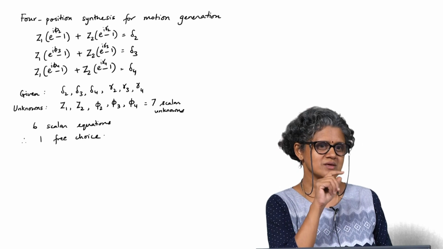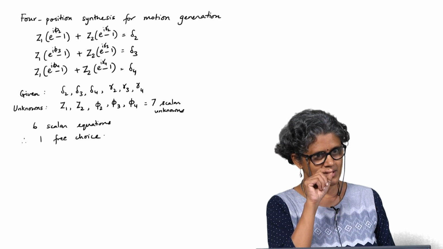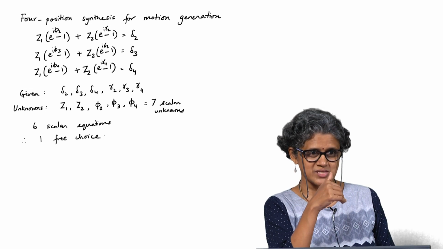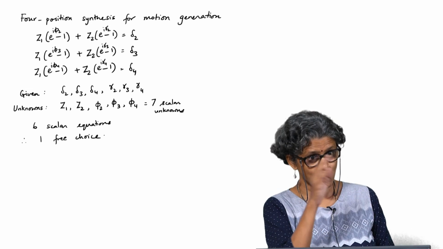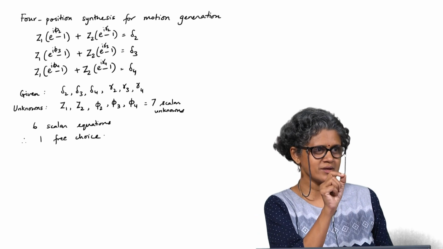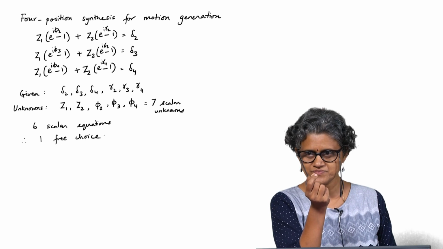Now, what happens in position 1 and position 2, the location of that does not change. So, if I choose that as a moving pivot, I can actually reduce the 4 position problem to a 3 position problem, because one point does not change between 2 positions. Okay.